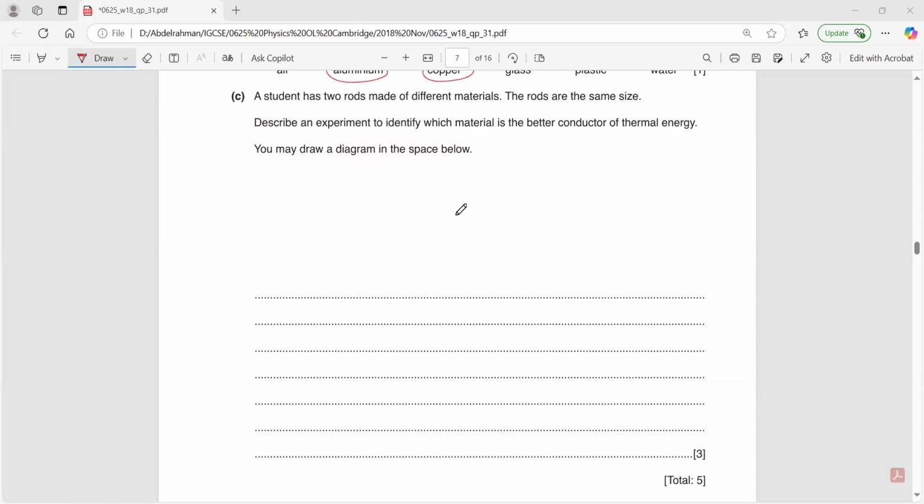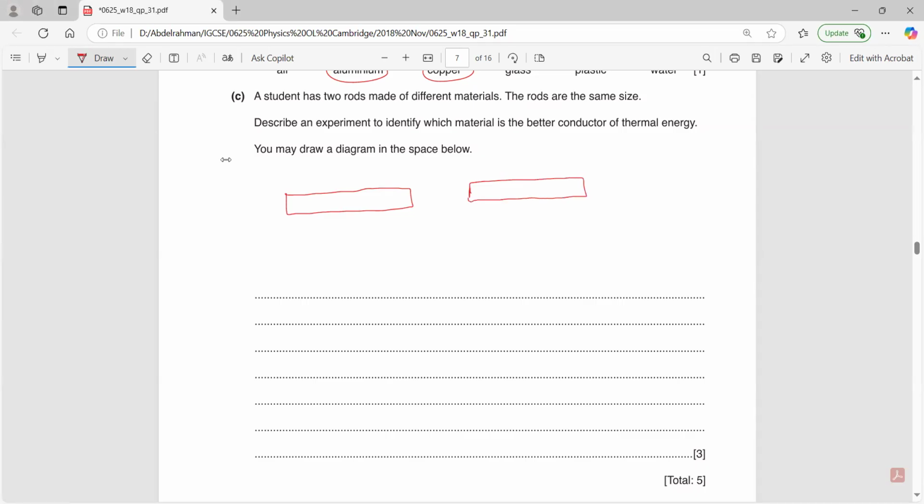We need to attach small pins on each of these rods using wax, and then we need to use some heat source. Let me draw it for you to understand. So this is the rod, and this is the other rod.